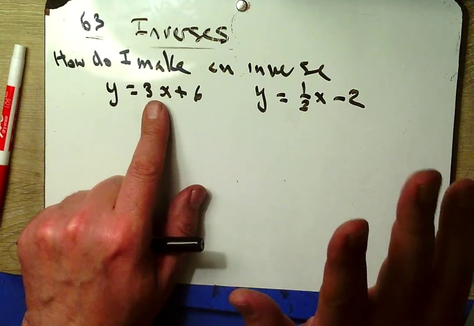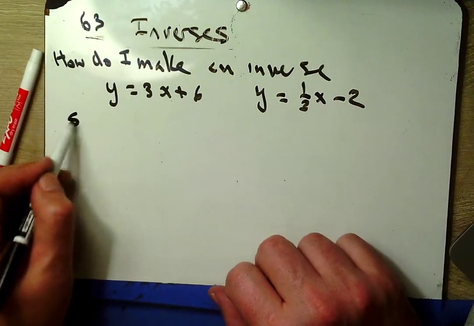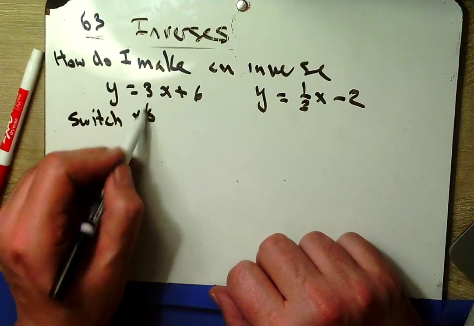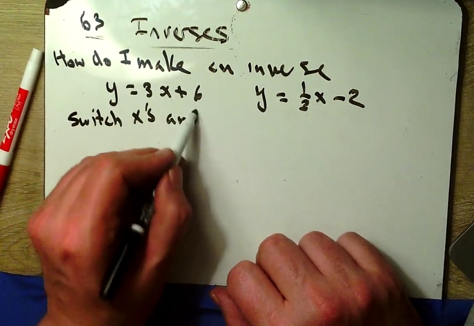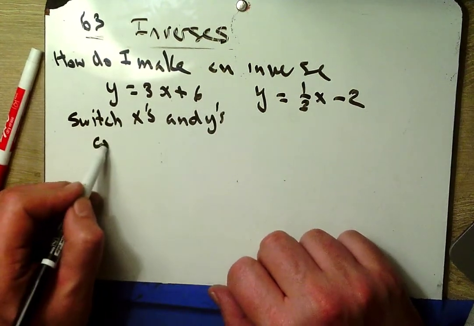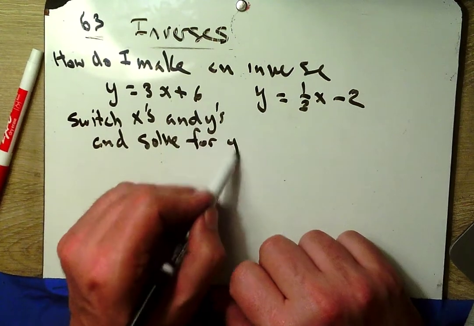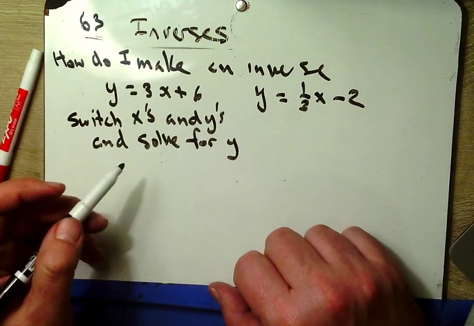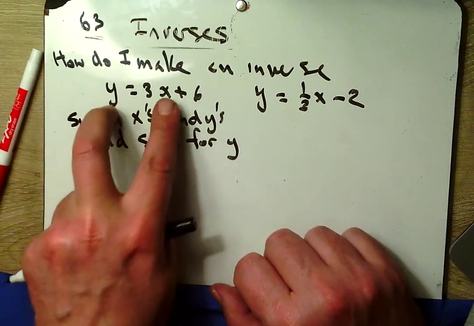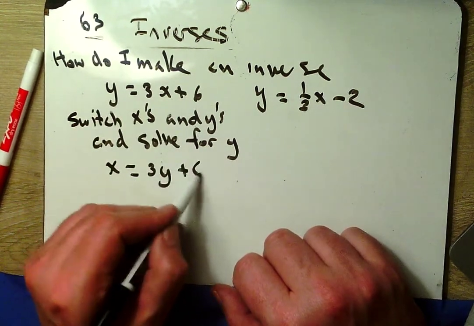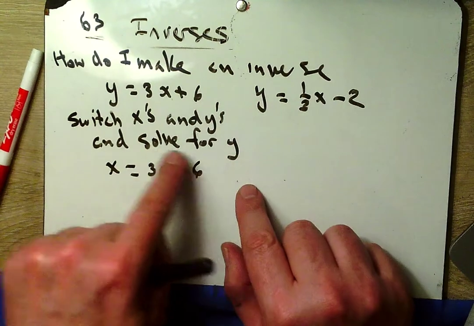Well, it turns out that if we switch the inputs and outputs, if we switch the x's and y's and solve for y, something interesting happens. So let's start here with switching the x's and y's. And now solve for y.